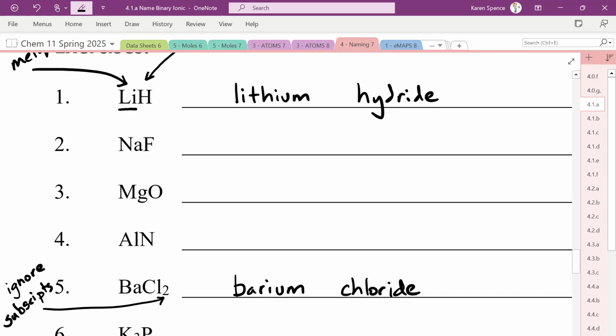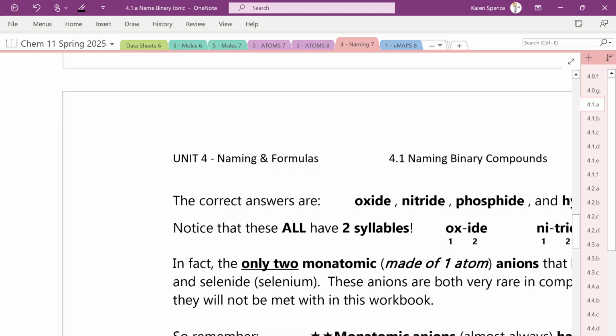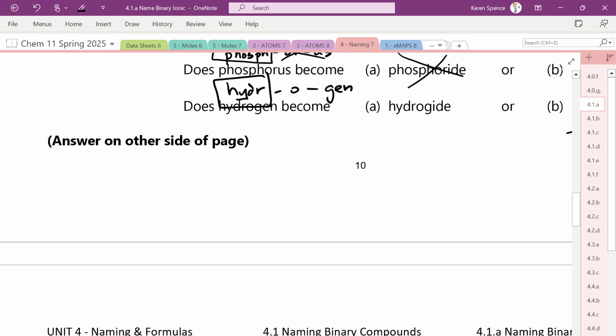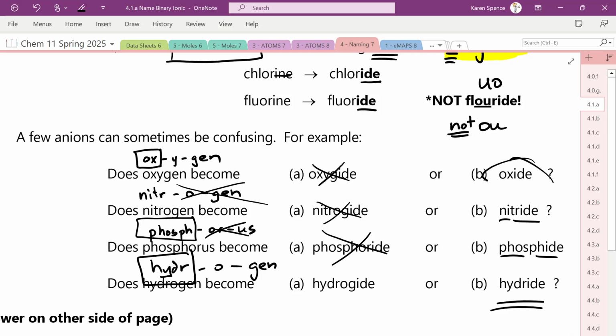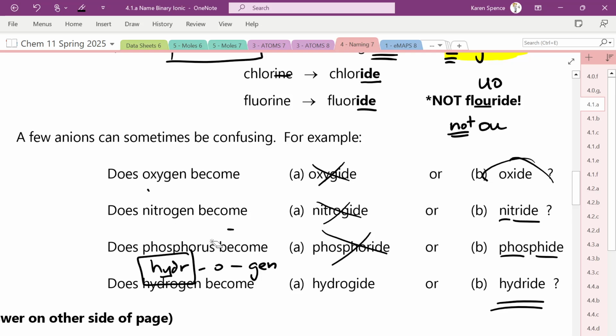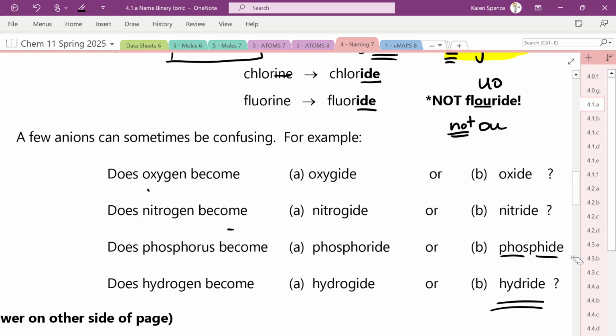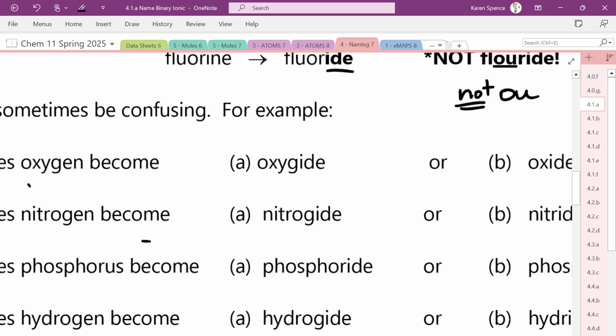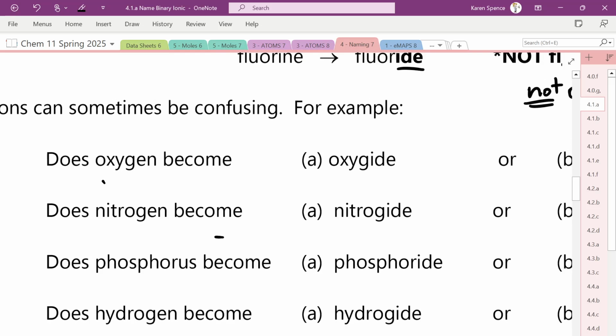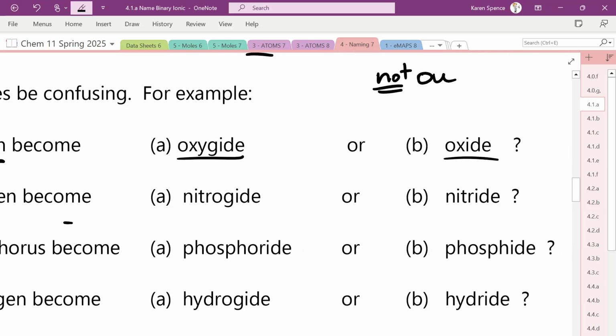And the only place where you can really go wrong, there's a couple places, is that we might have oxygen. Does oxygen become oxygenide or oxide? Oxide.